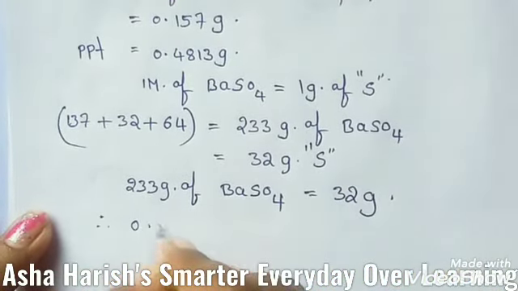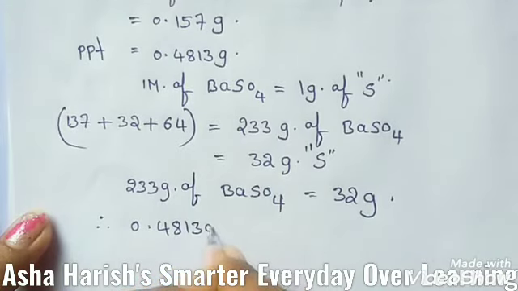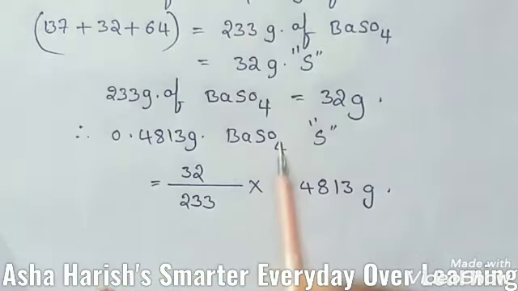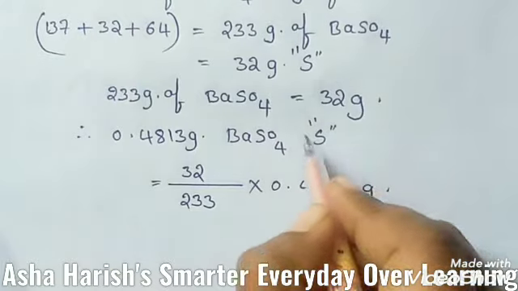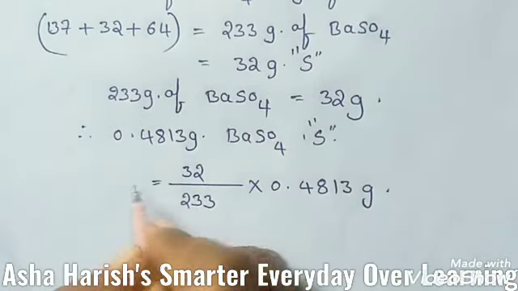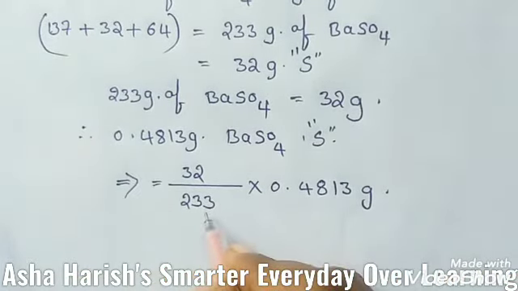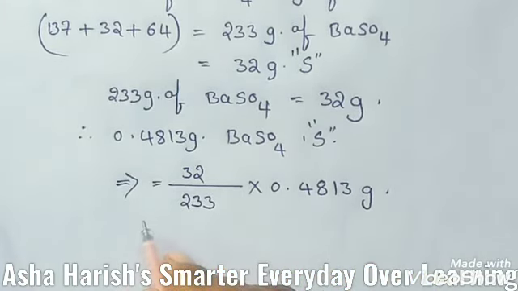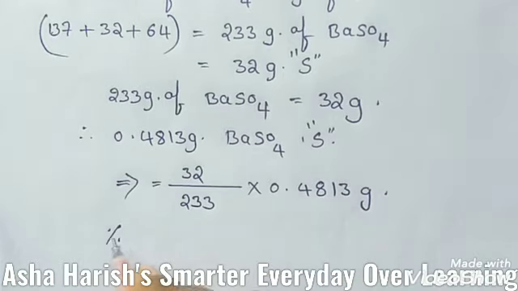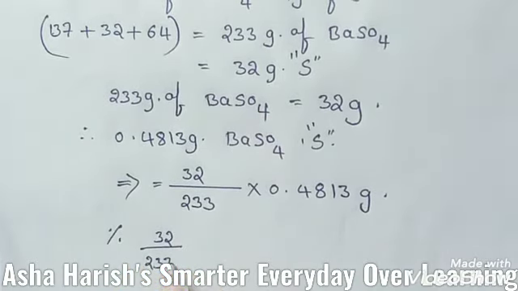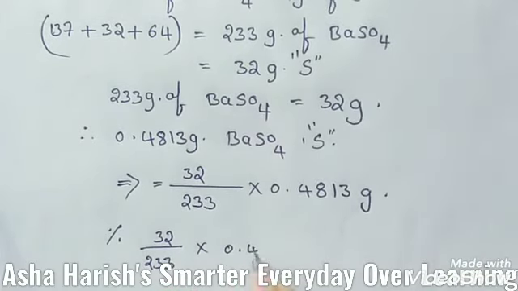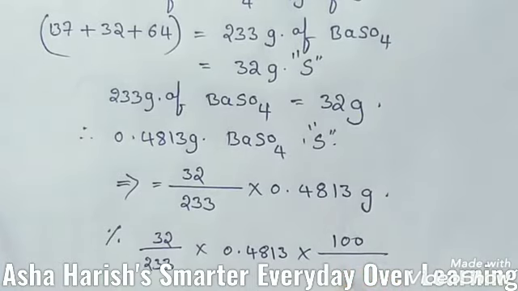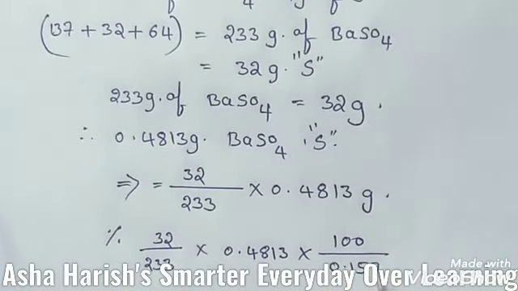Therefore, 0.4813 grams of barium sulfate contains an amount of sulfur calculated from 32 by 233 into 0.4813 grams. Therefore, the percentage of sulfur in the compound is 32 by 233 into 0.4813 into 100 by 0.157.